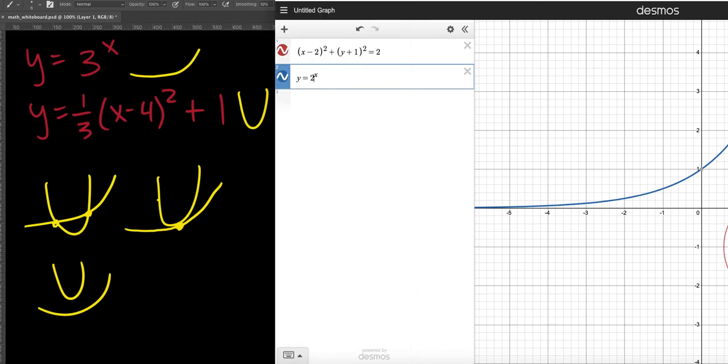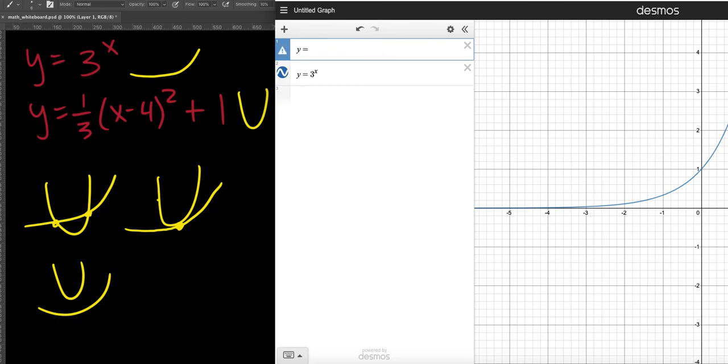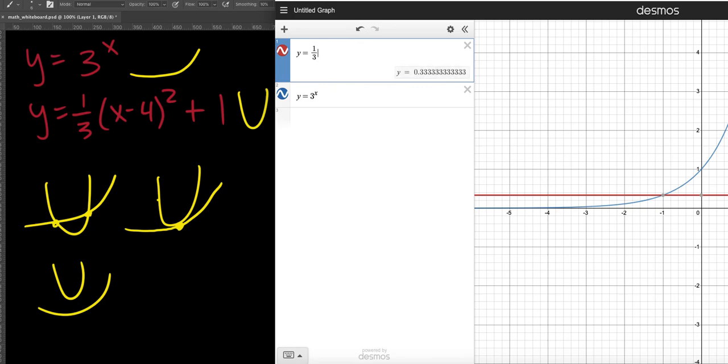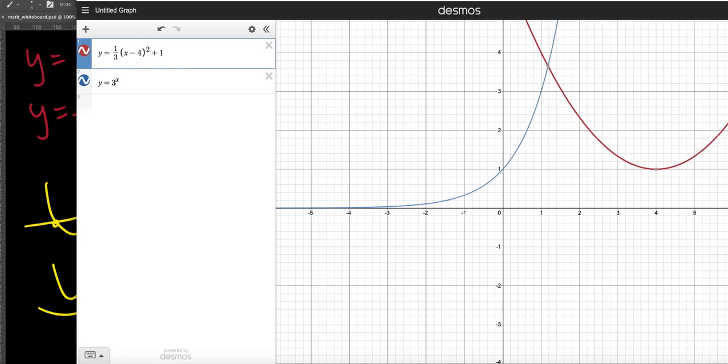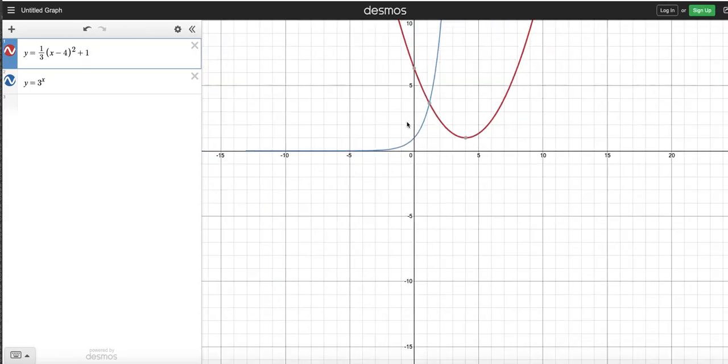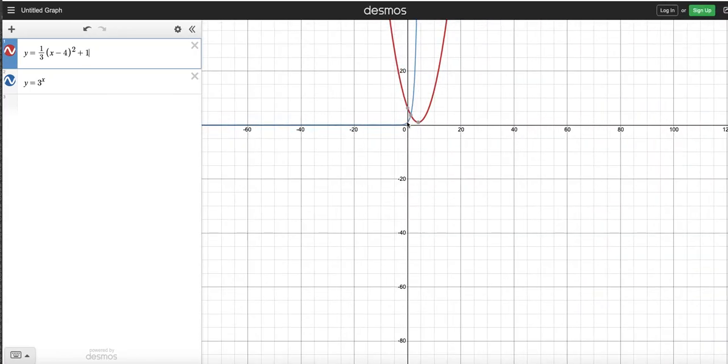So I'm going to just do my 3 to the x down here, and then I'm going to do y equals 1/3 x minus 4 squared plus 1, and I see they do cross, that's good. And they only cross one place.